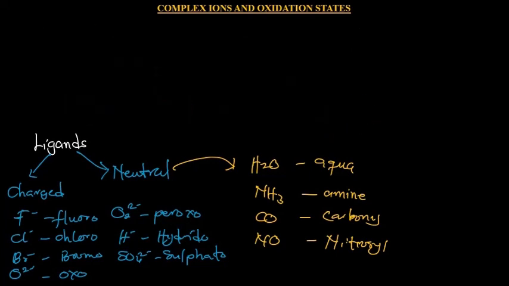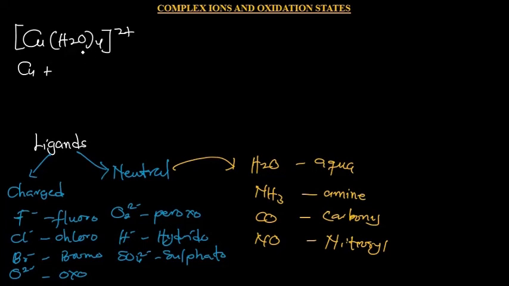Let's say you've been asked to calculate the oxidation state of copper in this complex. How do you find the oxidation state of copper? We'll have copper, and we add the net charge of water.